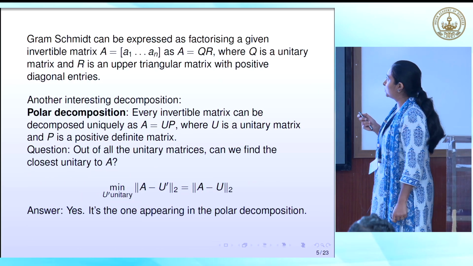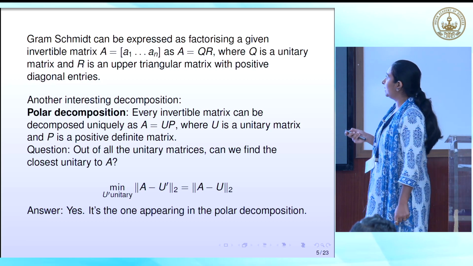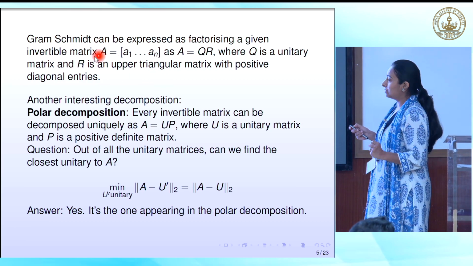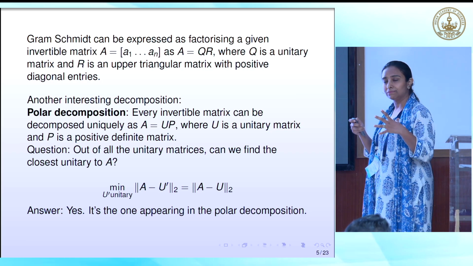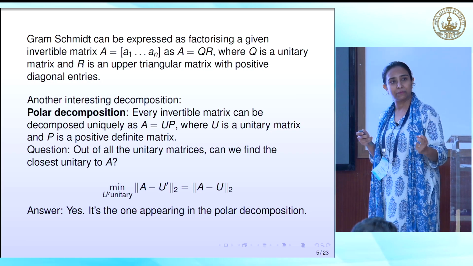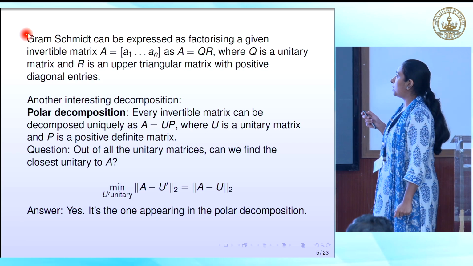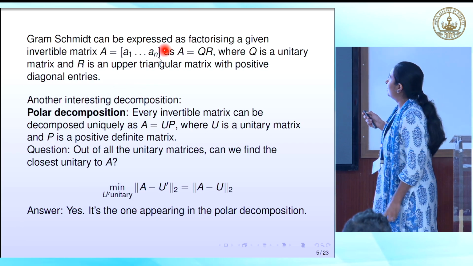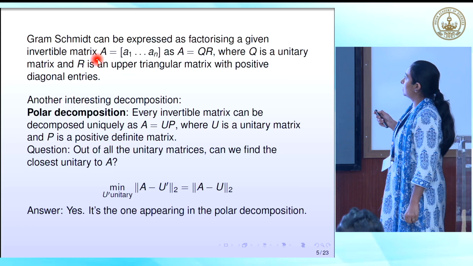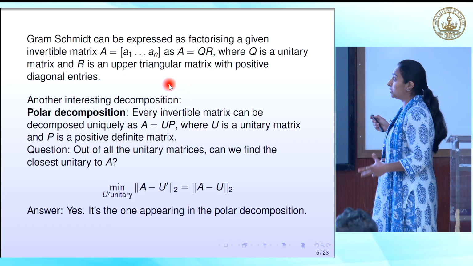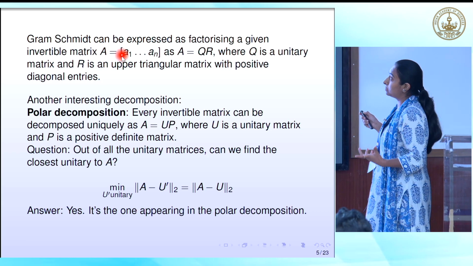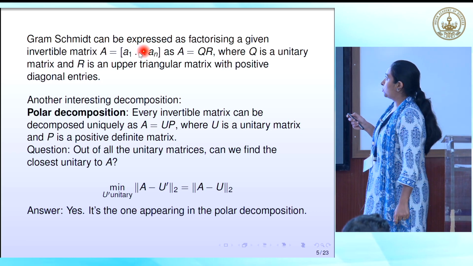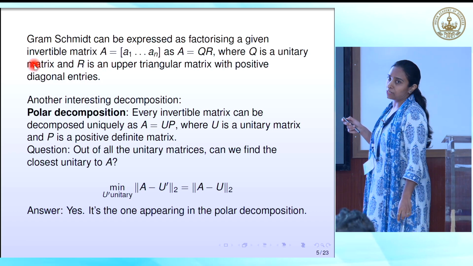But let's skip to our general thing. A quick answer to that question: Gram-Schmidt gives us an orthonormal basis out of linearly independent vectors, and the question was which one is the closest. Matrices are close to our heart, so Gram-Schmidt can be written in this particular formulation in terms of matrices. My initial vectors A1, A2, An, I look at as the columns of A. If they are linearly independent, my matrix is invertible.